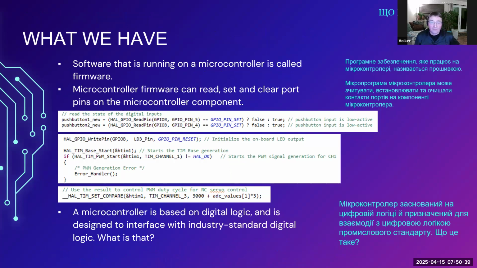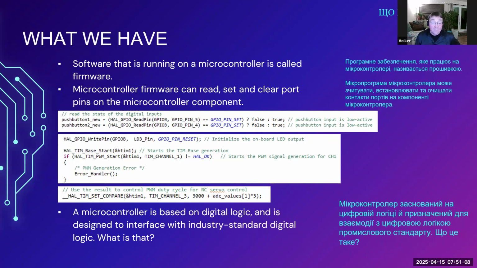In one case, I was reading push button inputs. In the hardware, these were push button inputs to ground, which is very common, and I will be explaining a little bit of that later as well. And you can see in the first example where it says read the state of the digital inputs, that I'm using the ternary operator, that is a question mark, to generate Boolean output.